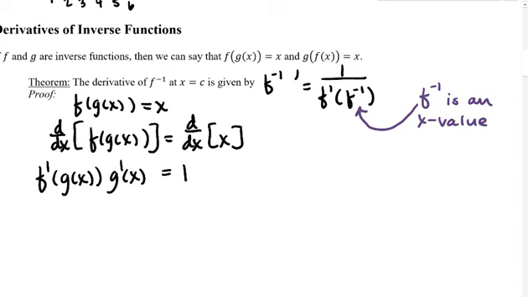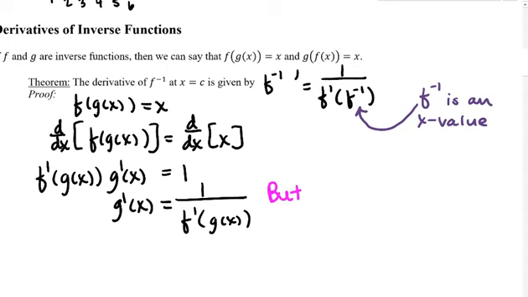So now I'm going to divide both sides by f prime of g of x. And so I'll have g prime of x equals 1 over f prime of g of x. But anybody see where I'm going from here?